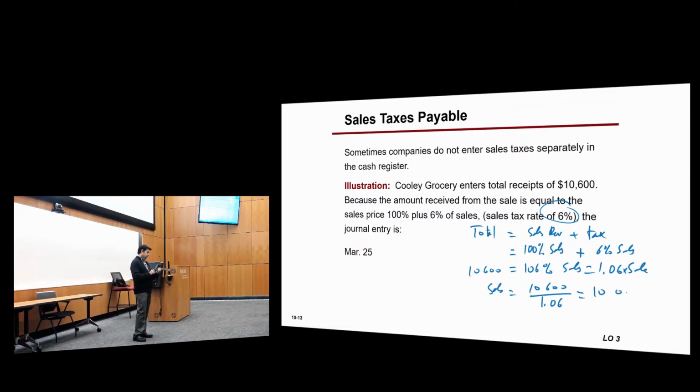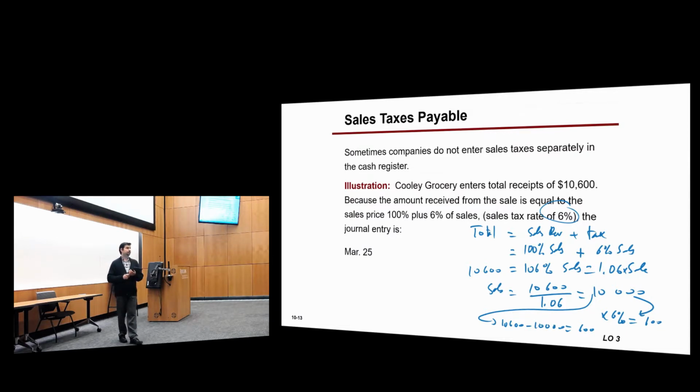That's 10,000. That's sales. Now we have one of two ways of calculating tax. You can either multiply it by 6%, that will give you 600, or you can do it like this: the total minus revenue, that will give you 600.